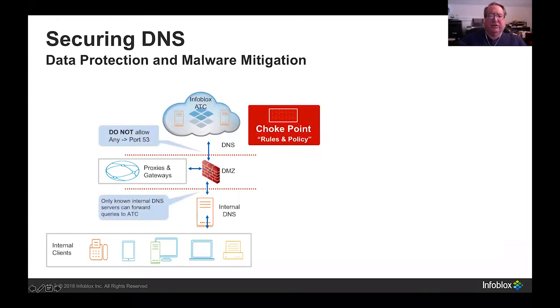So one of the first things you want to do is really lock down communication so that it becomes a choke point at the cloud. You don't allow any port 53 responses back in other than from the cloud, and you only allow outgoing DNS queries from the DNS server and not from any other system. This will stop the malware or any manipulation of the DNS device saying, hey, I want to go to 8.8.8.8 or Google.